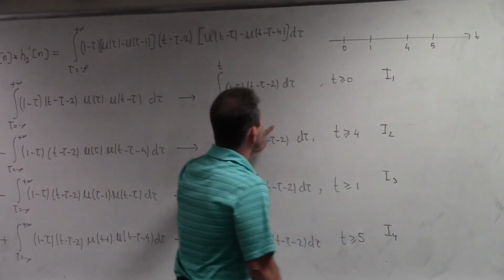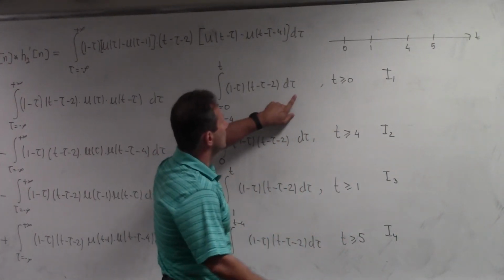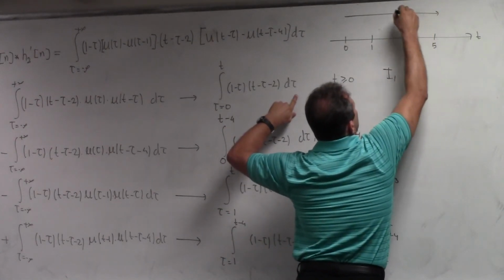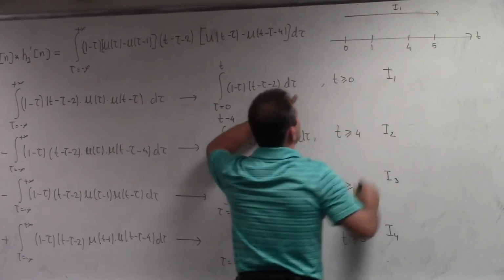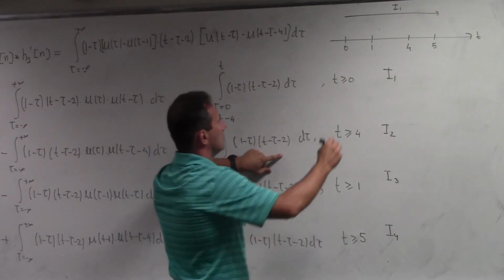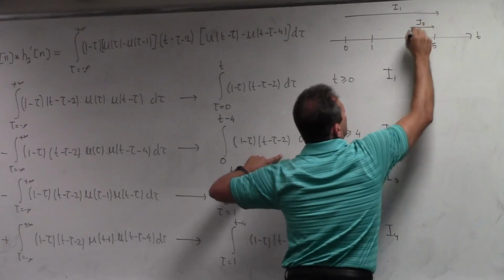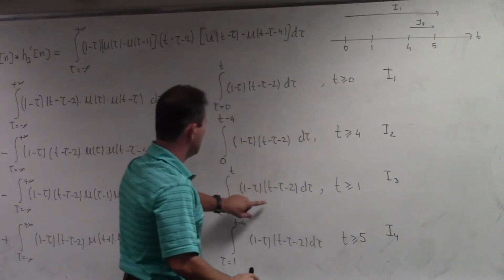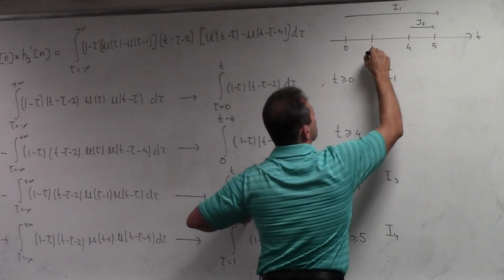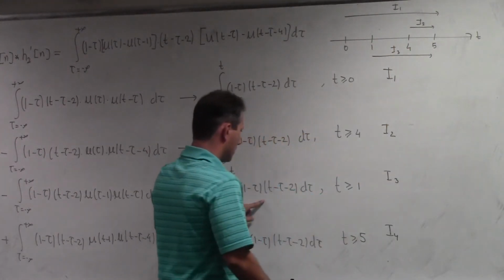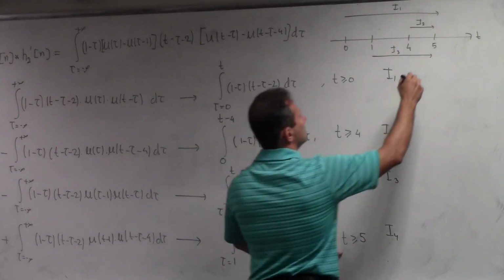I1 operates for all of these t's, I2 only comes into play here, I3 only comes into play here, and I4 comes into play here.